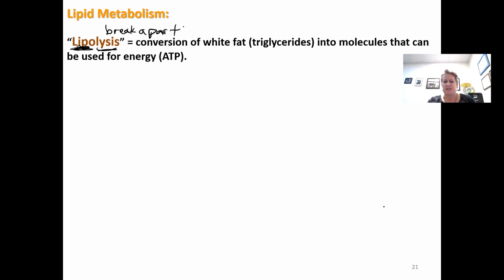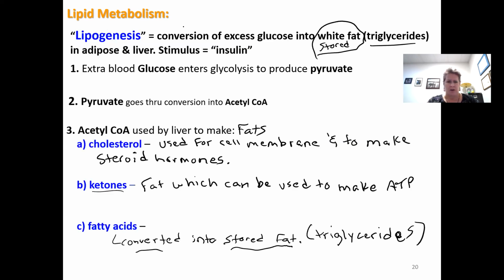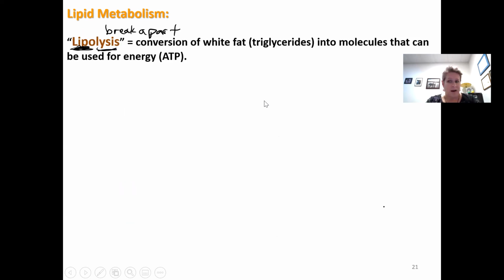Okay, so here are the steps of lipolysis. It's basically going to be the backwards process of making lipids. If we go back to making lipids, you take extra glucose. Extra glucose is converted into pyruvate. Pyruvate becomes acetyl-CoA, and then acetyl-CoA leads to fats. So in lipolysis, fats are going to go backwards into acetyl-CoA and then into pyruvate.